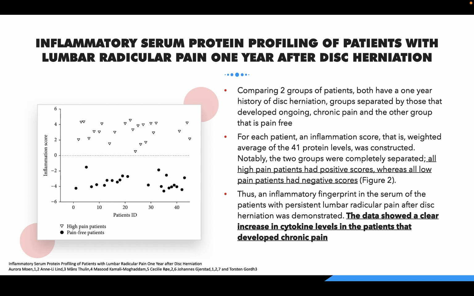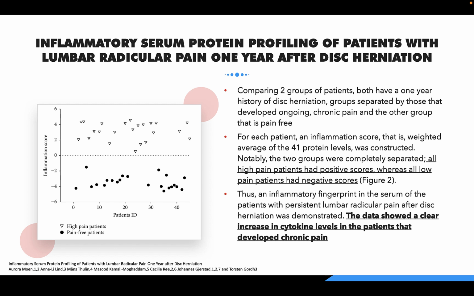For each patient, an inflammation score that is a weighted average of the 41 protein levels was constructed. Notably, the two groups were completely separated. All high pain patients had positive inflammation scores, whereas all low pain patients had negative scores. Thus, an inflammatory fingerprint in the serum of the patients with persistent lumbar radicular pain after disc herniation was demonstrated.